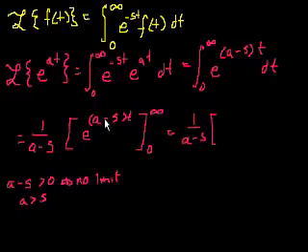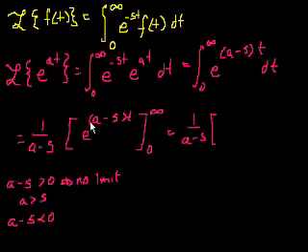Now, what happens if a minus s is less than 0? So if a minus s is less than 0, well then this is going to be some negative number here, right? And then if we take e to an infinitely negative number, well then that does approach something. That approaches 0, and we saw that in the previous video. And I hope you understand what I'm saying, right?